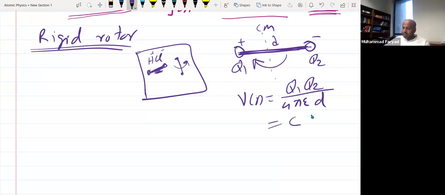This is just a constant, because Q1, Q2 and D are constant. So everything is constant, and it's better that we measure all energies with respect to this energy.